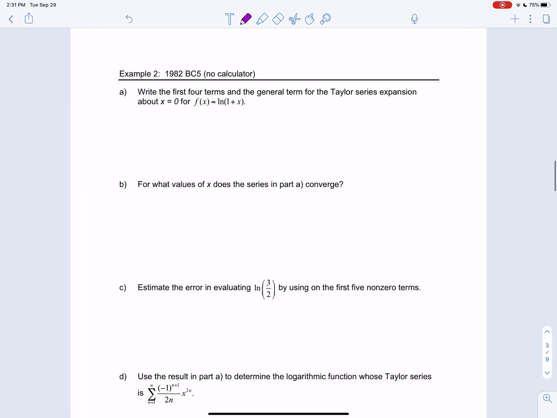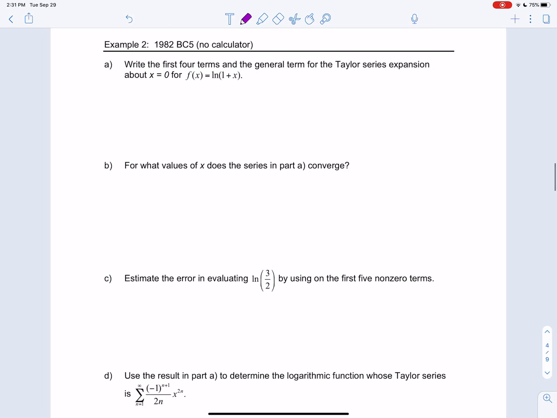Here is example 2. Go ahead and do part A real quick and press play when you're ready. Okay, so if you forgot what the Maclaurin series is for the natural log of 1 plus x, you would have to reinvent the wheel.